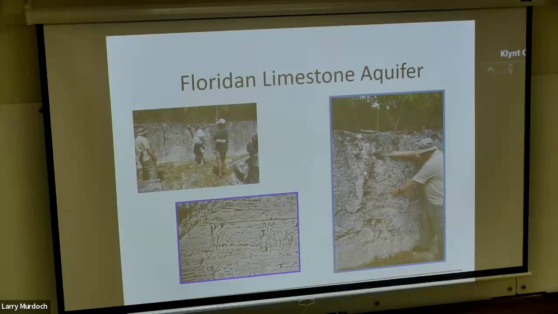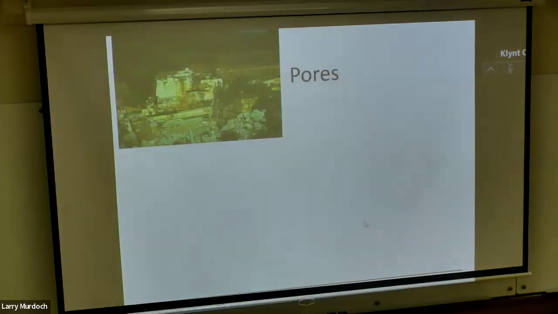So taken together, the areas that are underlain by limestone have some very distinctive features because of this ability to dissolve the rock out. These areas are called karst terrains, K-A-R-S-T. And Florida is a great example of karst terrain.